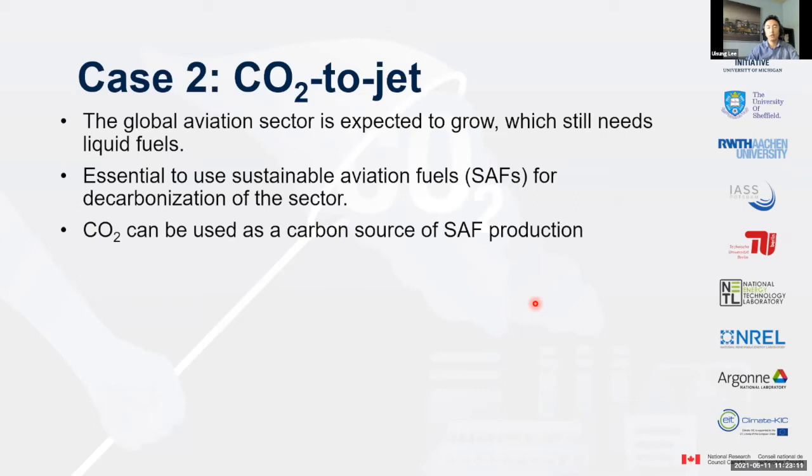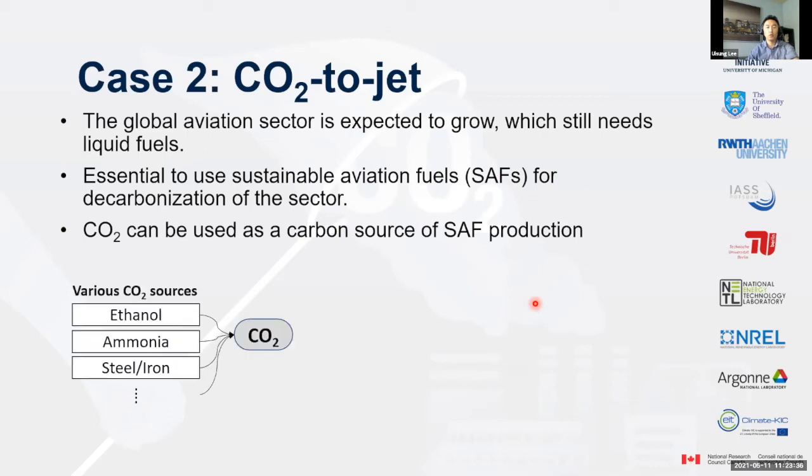But so far, SAF mainly includes biofuels, because biofuel can displace petroleum fuel to reduce greenhouse gas emissions. But now they think about using CO2 as a carbon source for SAF production, which would give us low carbon fuels for the global aviation sector.